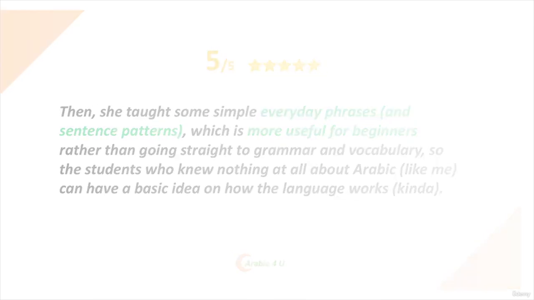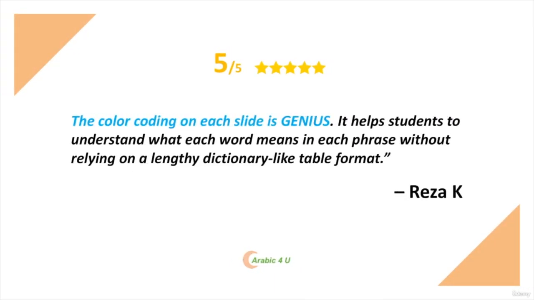He continues to say that the color coding on each slide is genius. It helps students to understand what each word means in each phrase without relying on a lengthy dictionary-like table format.